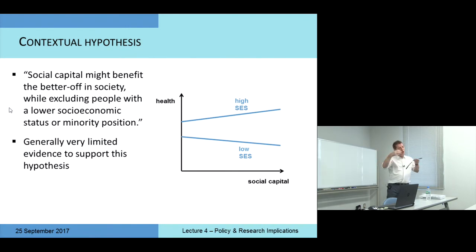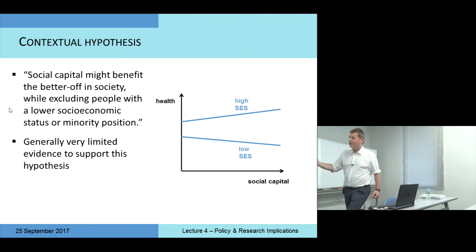So this is even more extreme. This is an idea of social capital being good for some people, but actually more social capital worsens things for others. And it's because of perhaps the nature of the social capital, it tends to exclude others, and in that sense make their relative position even worse. That's the sort of thinking.